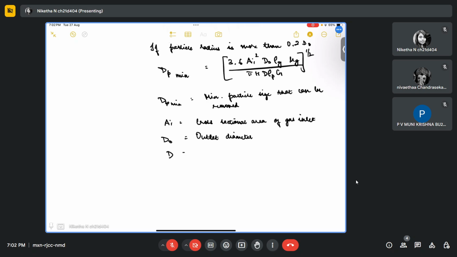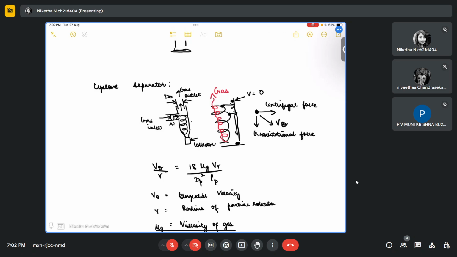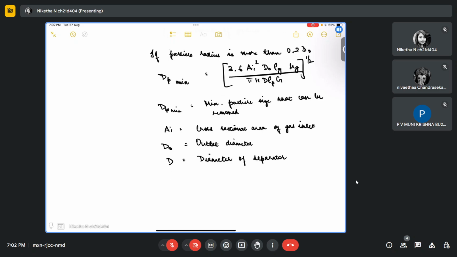And d here is the diameter of the separator, which is this. So this cylindrical portion, this diameter is called d, and g is your mass flow rate of the gas.